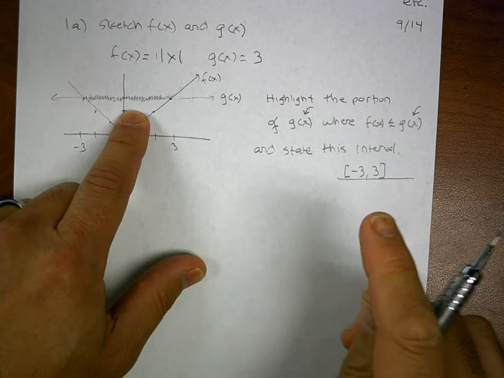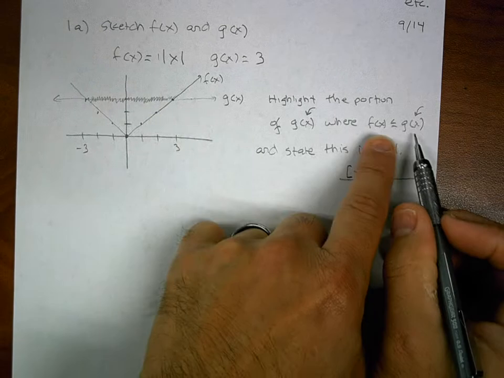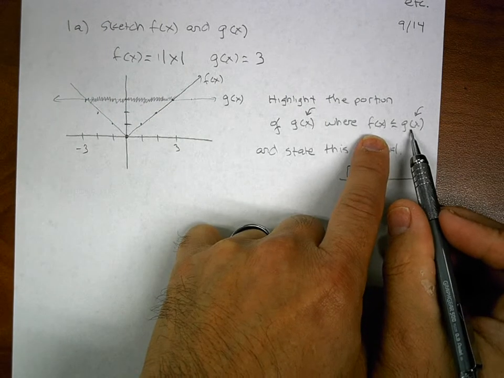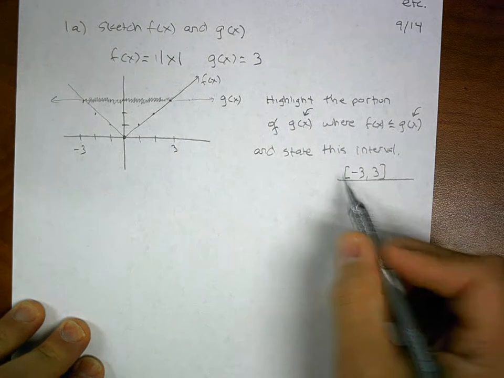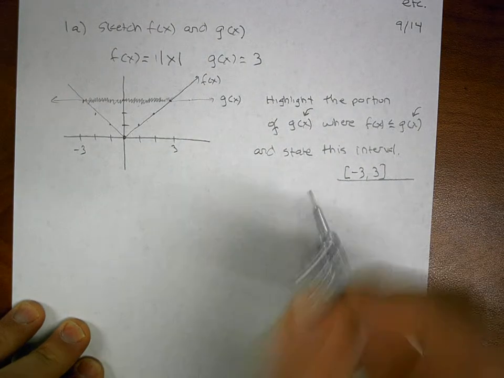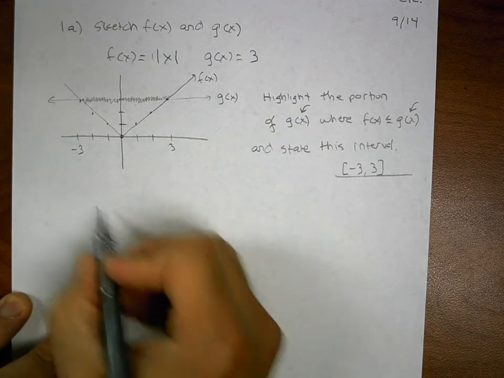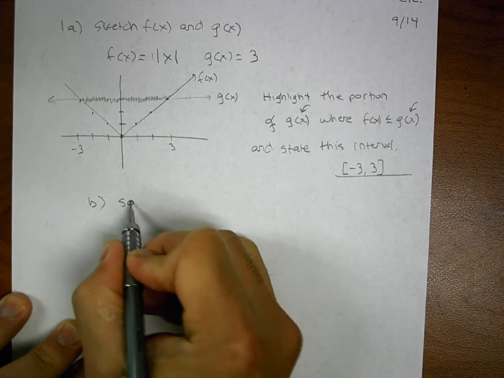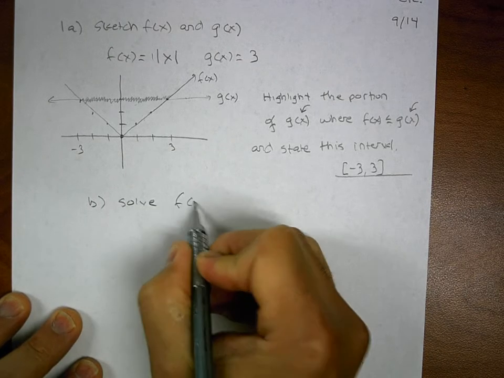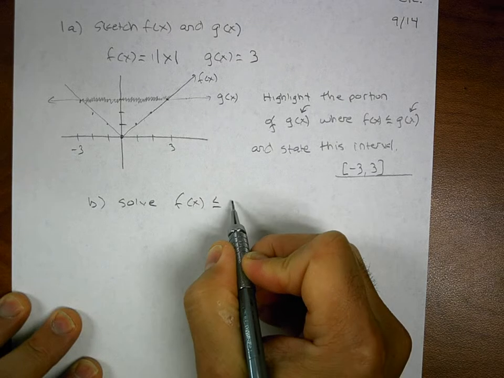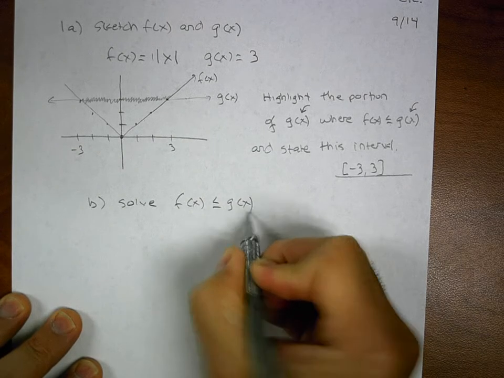So when we solve this, we're actually going to solve where g of x is greater than f of x, and this should be our answer. All right, so algebraically, B: solve f of x less than or equal to g of x, like this.